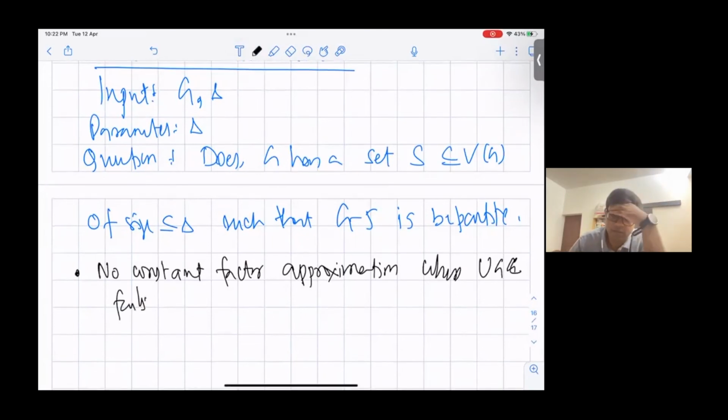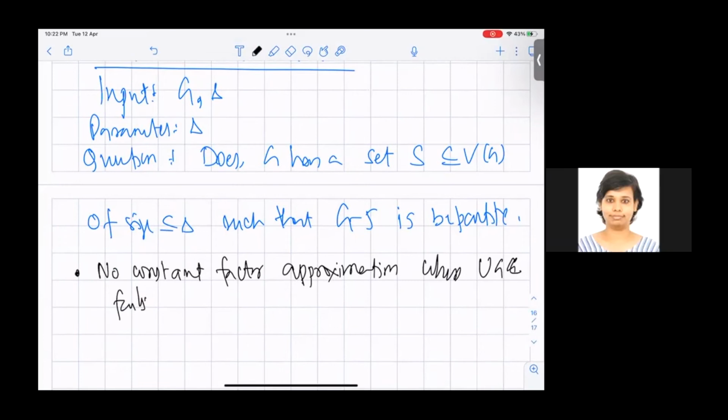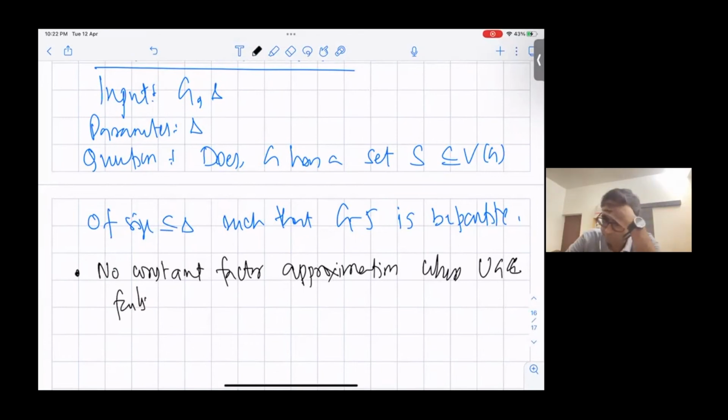Like, fine. But is that an end of the road? Is that an end of road, Madhumita? Or some other constant factor approximation algorithm could also be helpful.